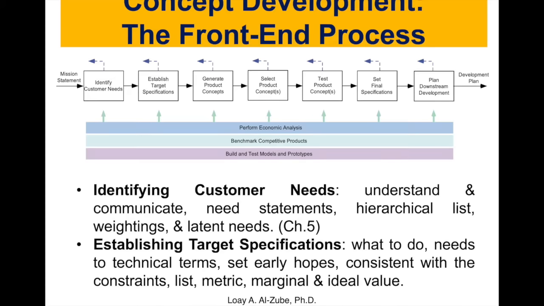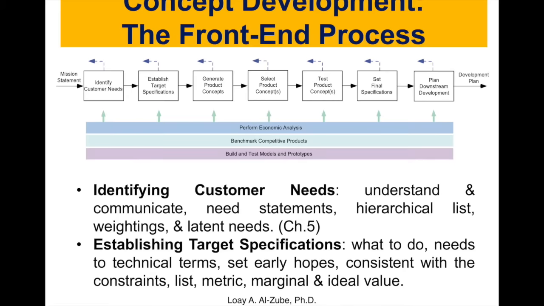You can also see some blue arrows at the top of each box, which mean that we have an iterative process and that you can always go back and review what you have done to make sure that everything is in place. Within these processes, you can also see three different rows with different colors, in which we perform economic analysis, and then we benchmark competitive products, which means we look at the competitors and see what they have in their specifications and what we are going to provide that is different from the competitive products.